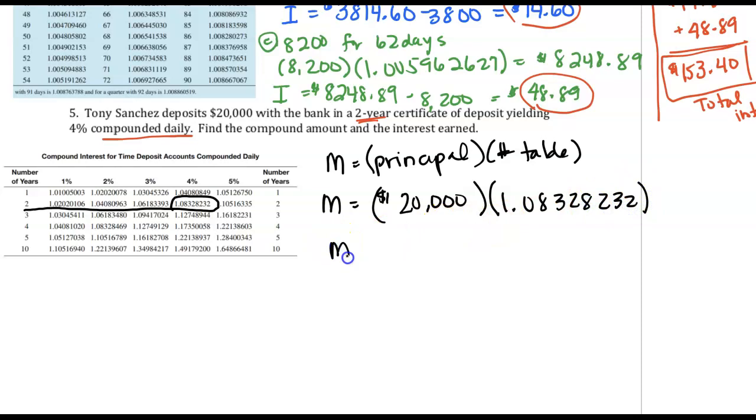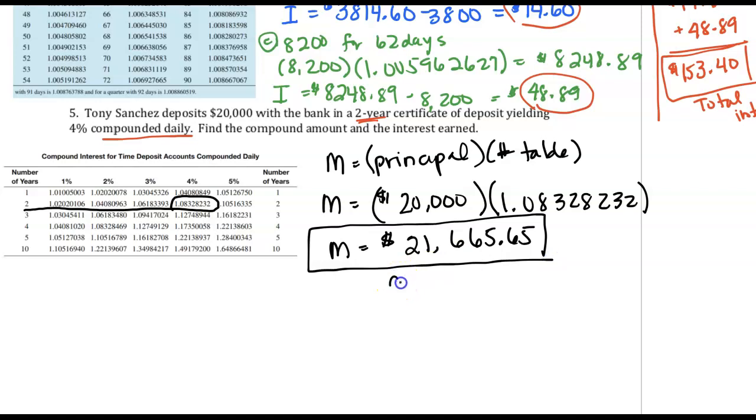And multiply. And I get a maturity value of $21,665.65. That's the compound amount. Or the amount at the end of the account.